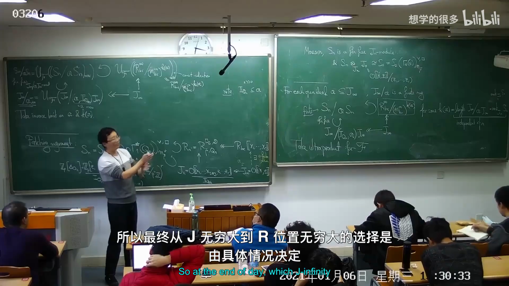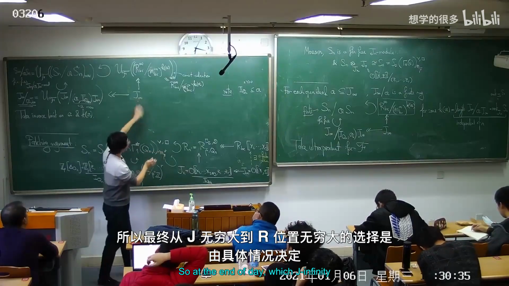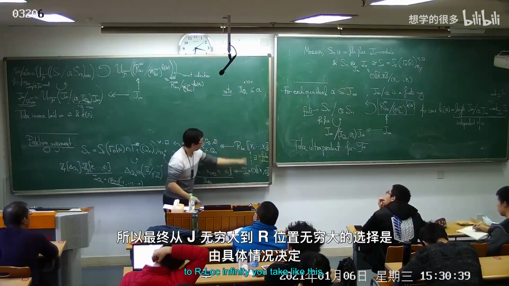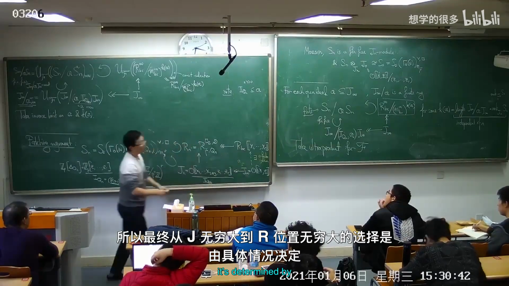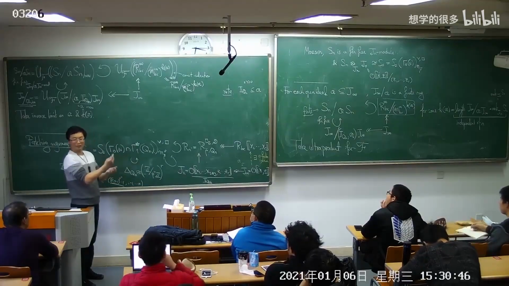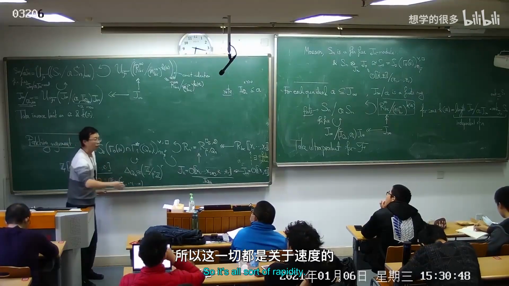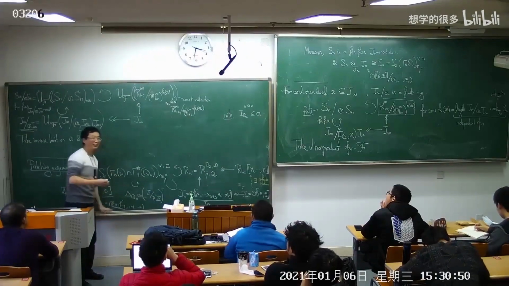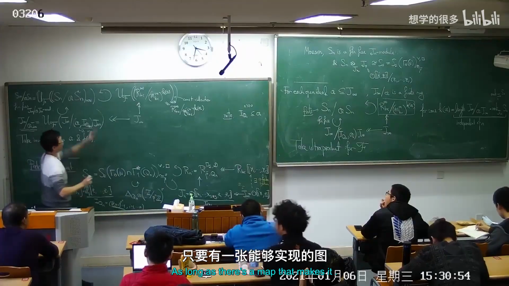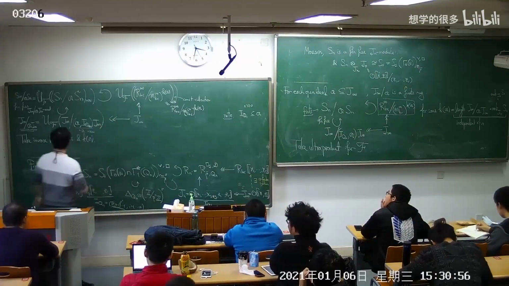So in some sense, which map from J infinity to R log infinity you take is determined by which non-principal ultrafilter you choose. So it's all wrapped up in this logic nonsense. But it doesn't matter for our later purpose, as long as there's a map that makes it commute. Anyways.